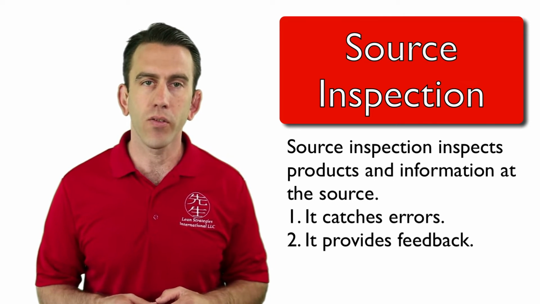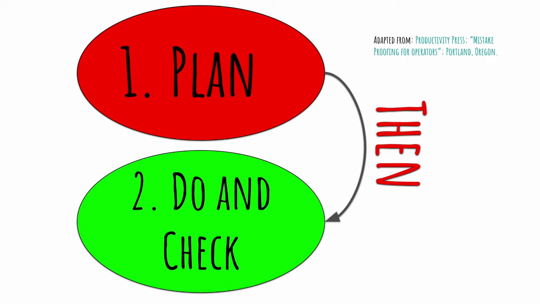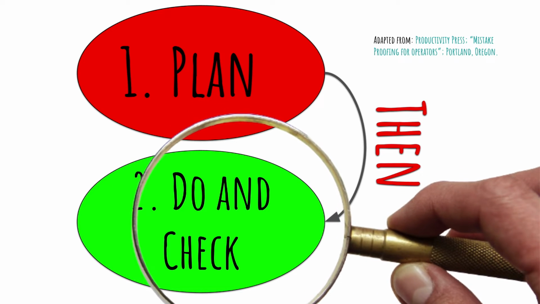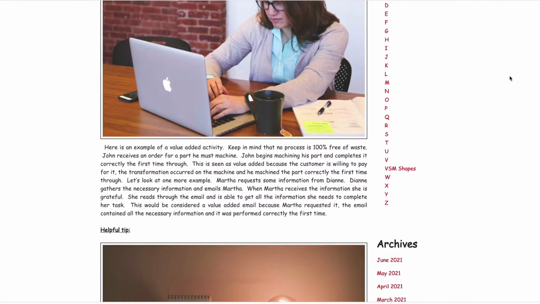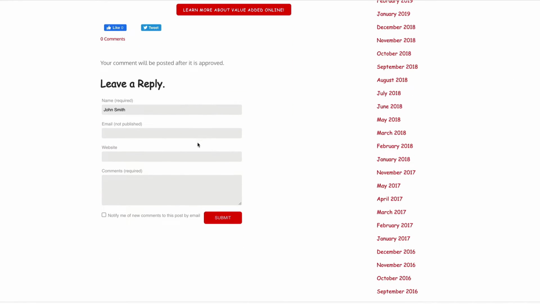These two components are critical in achieving zero defects as they give you the ability to catch errors before they turn to defects. Source inspection works in different ways to integrate the check and do stages of the traditional inspection model. It does this by using different methods to control the do phase. For example, when you enter information into a form and submit it, if you do not enter a piece of required information, the form will not allow you to submit the information.